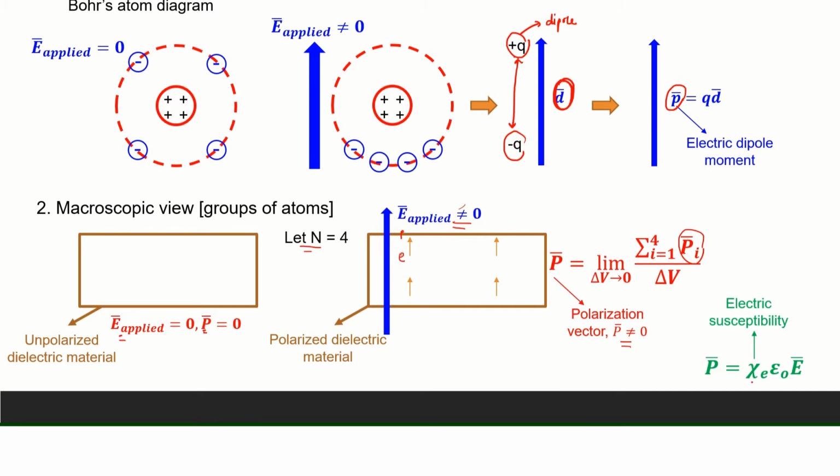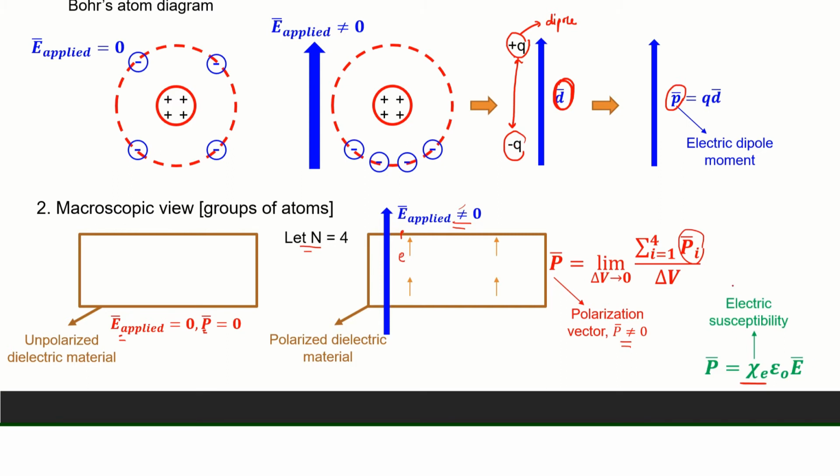From here we can say that the polarization of the dielectric is equal to the electric susceptibility, this symbol means electric susceptibility, times epsilon naught, sorry, it is not sigma, it is epsilon naught, times the electric field.